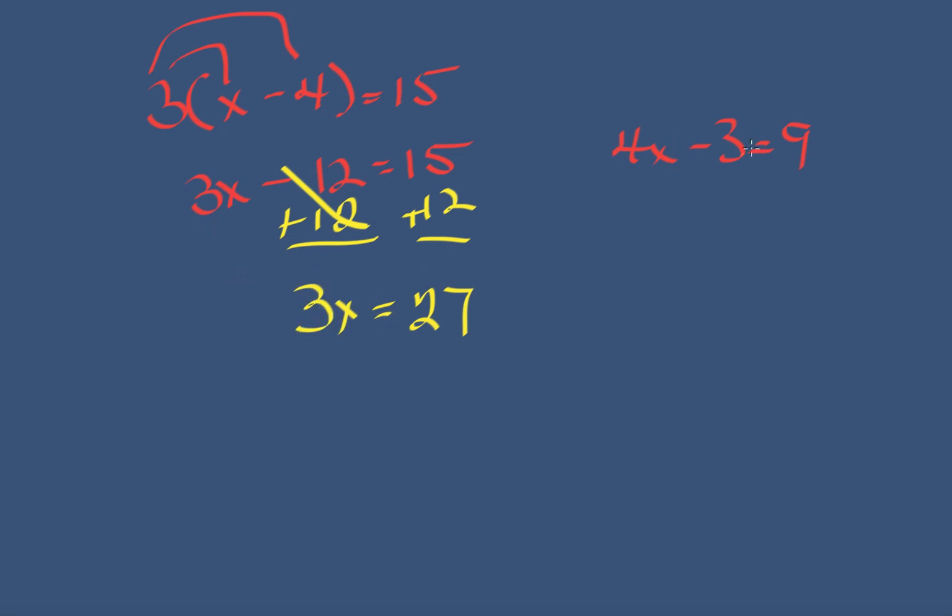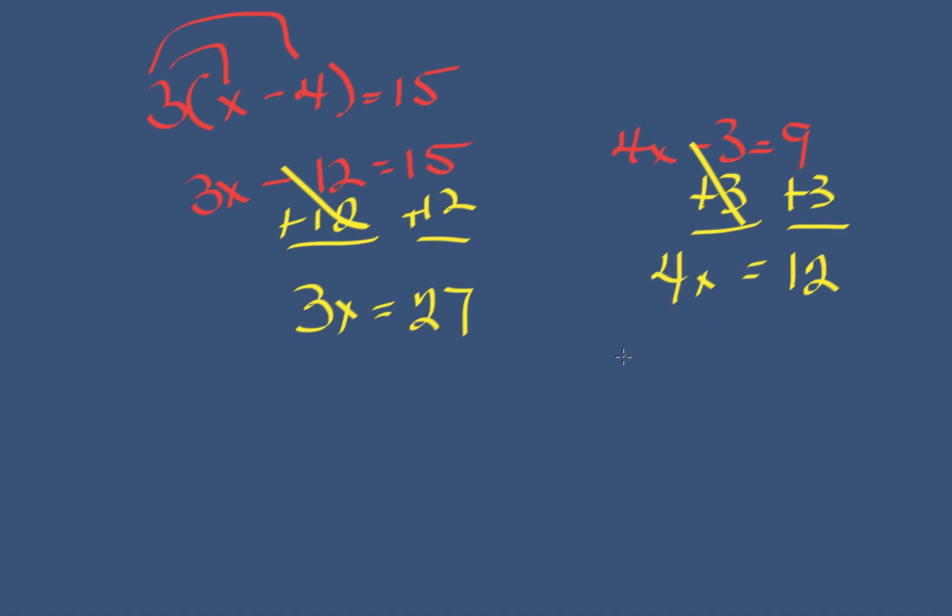Let's do the same thing here. What is being added or subtracted to my variable value? We're subtracting 3 from it. So let's do the opposite, because that will get rid of it. Plus and minus, they get rid of each other. If I did it here, I have to do it over here. So that's 12. All right, 4x equals 12.